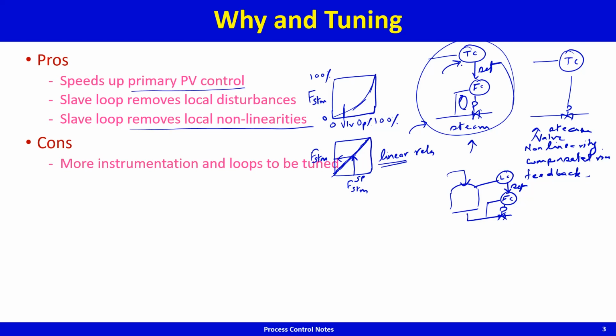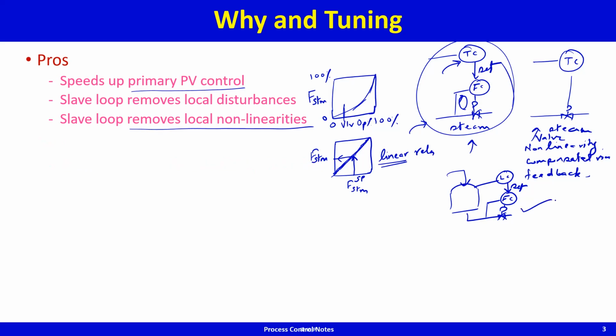So there will always be a valve and a flow controller coming together in pairs, and then there will be a master controller that is setting the set point of the flow controller. This is routine. Okay. The benefit in dynamic performance is so much that you almost always have this.